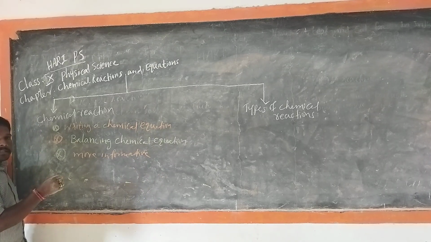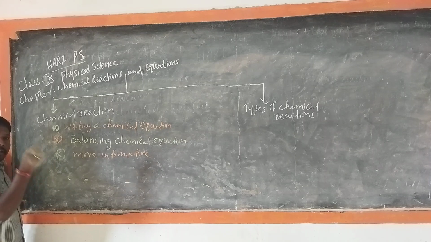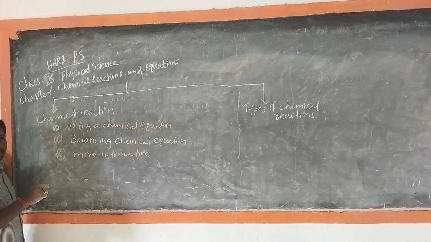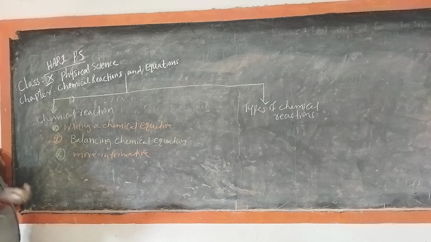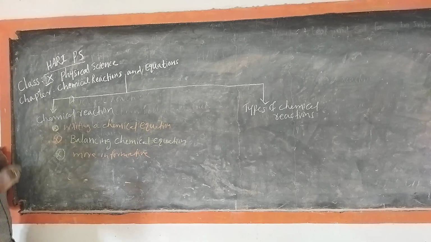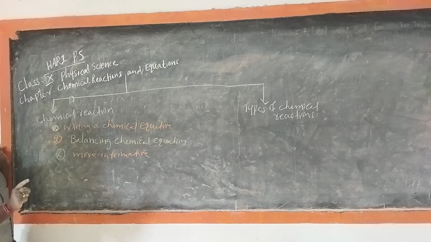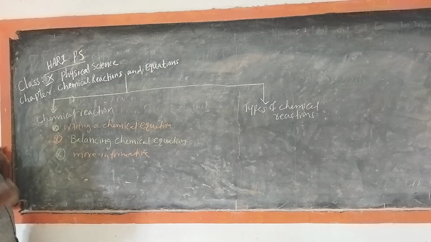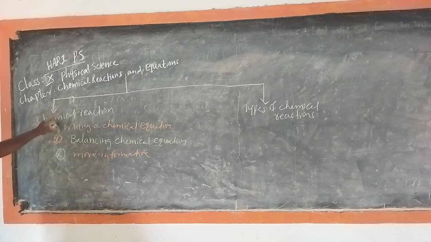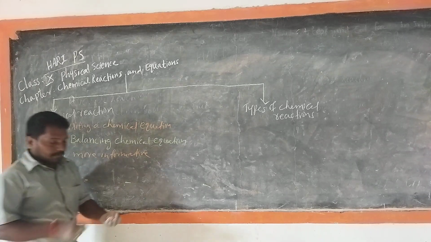If the reaction takes place in the presence of heat or energy, that is shown, and also any change in color. And we discussed the characteristics of a chemical reaction: if any gas is liberated, a precipitate is formed, heat is produced or absorbed, or there is any change in color. So this is about the chemical reaction.